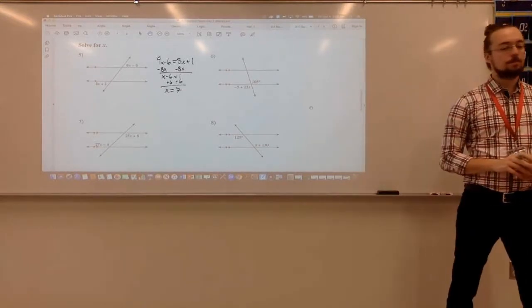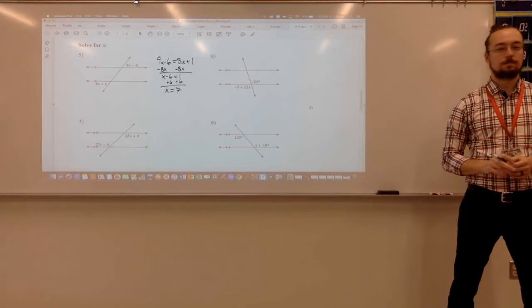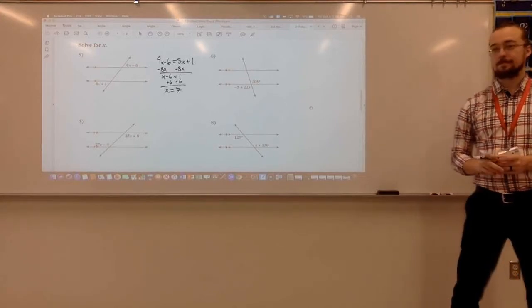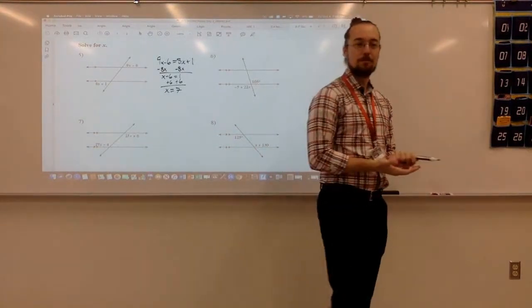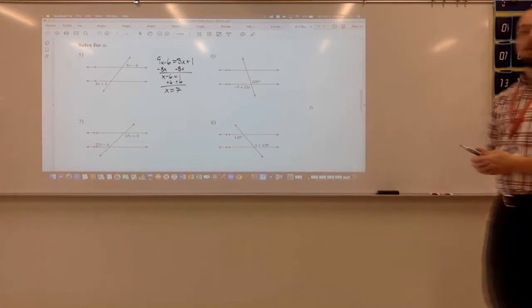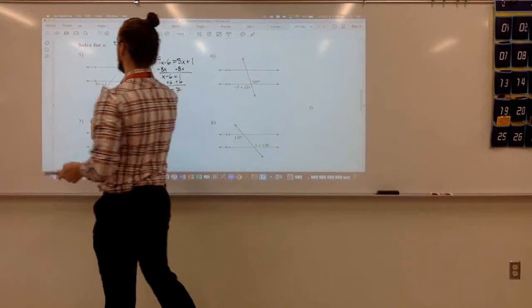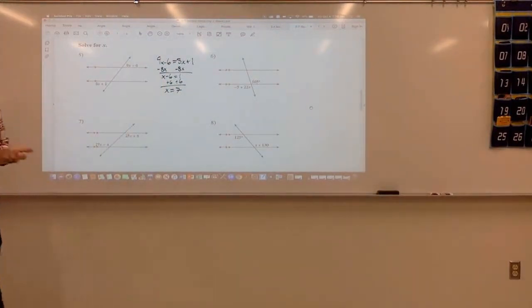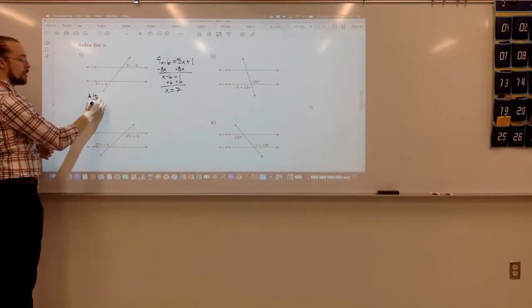Did we get 7? Is that my final answer? It says solve for x, so yes, that is my final answer. The name of the relationship would be alternate exterior. You don't have to, but it might be a good idea to jot that down.